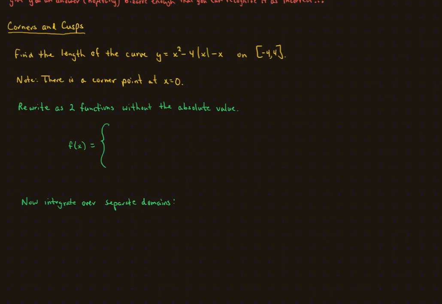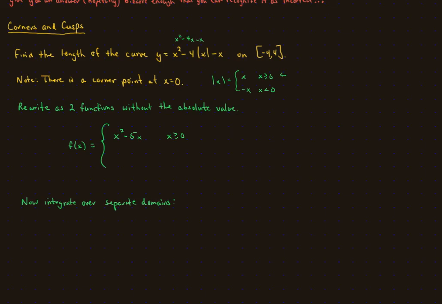So if we rewrite this, then we know that our absolute value function is x when x is greater than or equal to 0, and negative x for x less than 0. So where x is greater than or equal to 0, our function is going to look like x squared minus 4x minus x. That is, it's going to look like x squared minus 5x for x greater than or equal to 0.